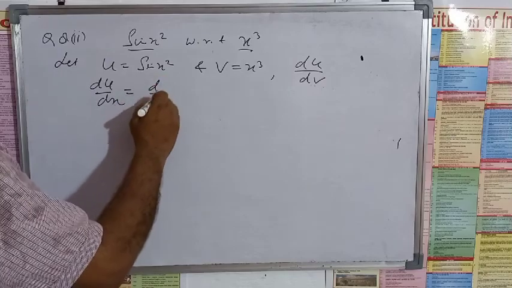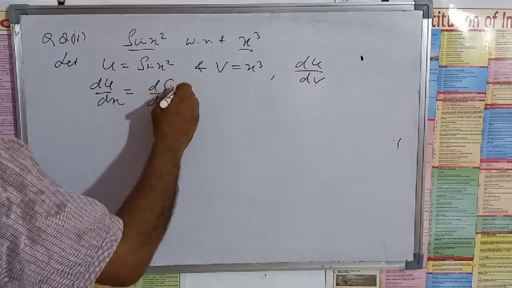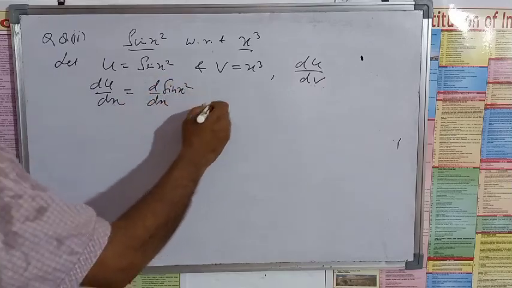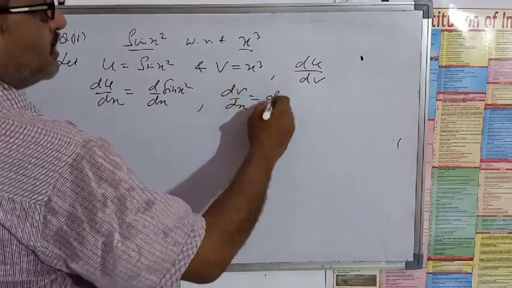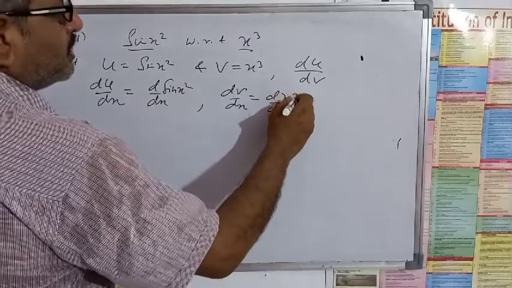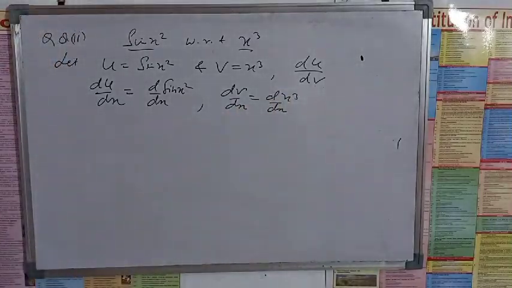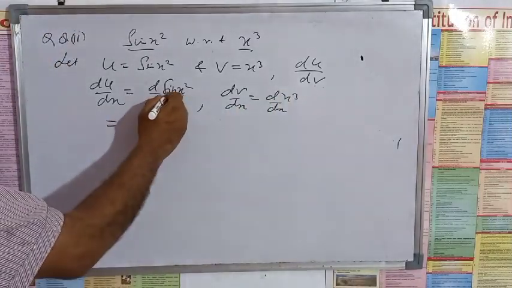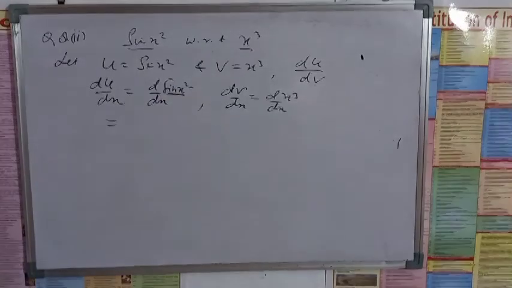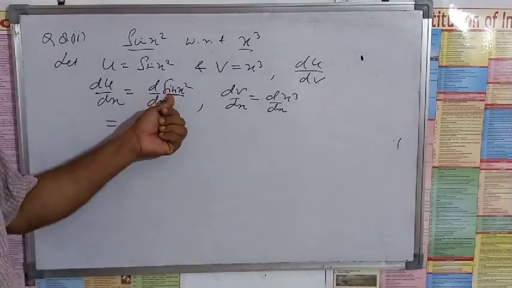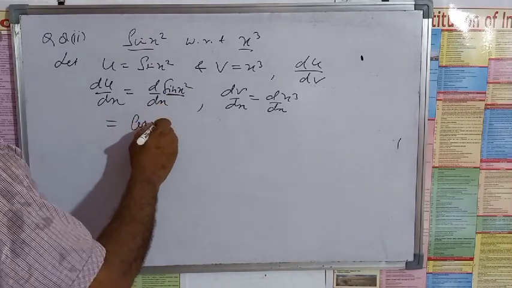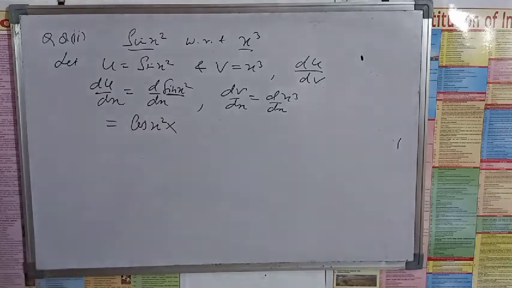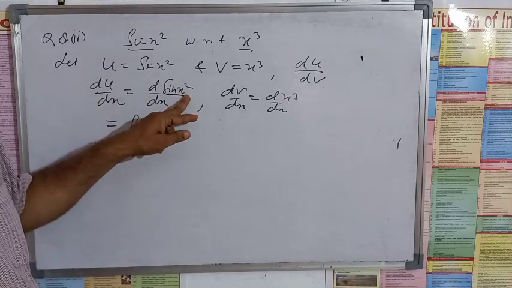So differentiate u and v with respect to x. du by dx of sine x square and dv by dx is d by dx of x cube. Differentiate it using chain rule. Differentiation of sine x square: derivative of sine is cos, so we can write cos x square, and after that we have to differentiate x square.